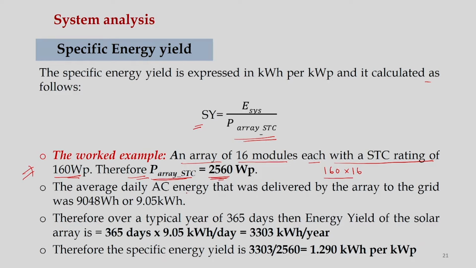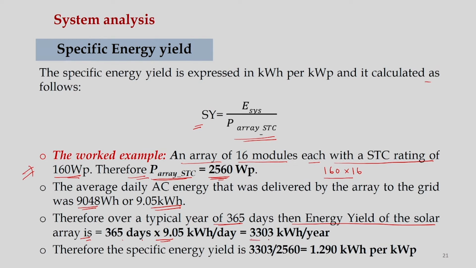So, the average daily AC energy that was delivered by the array to the grid was 9048 watt hour, that is 9.05 kilowatt hour, right. Over a typical year of 365 days, the energy yield of the solar array will be 365 days multiplied by 9.05.